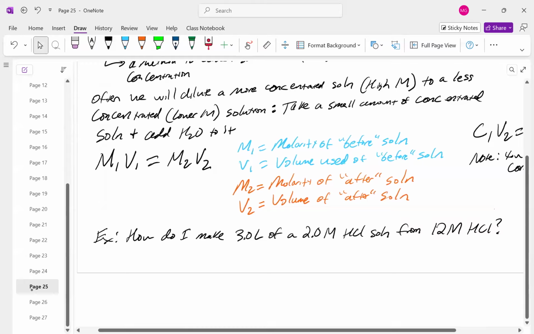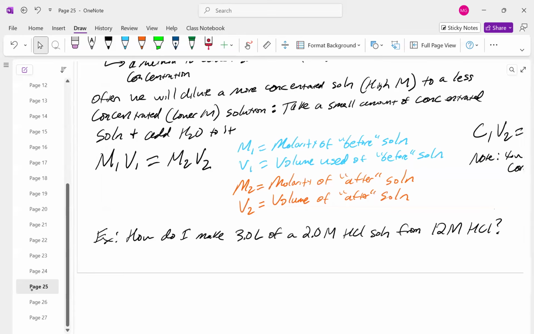So basically, I'm starting with this really concentrated solution of HCl. I need to take a little bit out of it and dilute it to a total of 3 liters with the goal of getting down to a molarity of 2 molar.